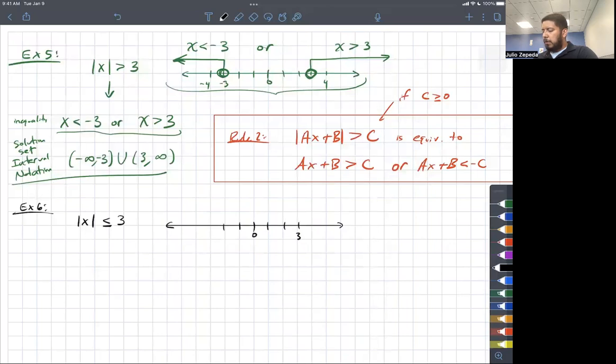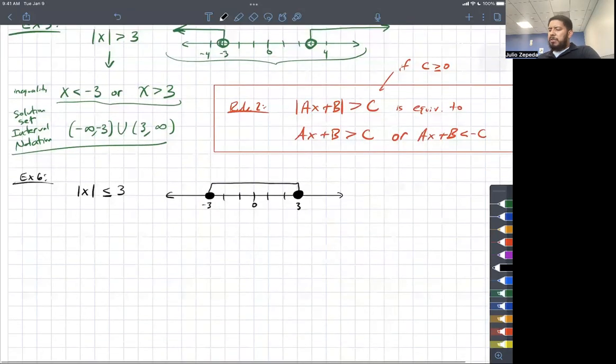So here we're asking for all numbers within 3 units of 0, closer than 3 units or exactly 3 units away from 0. And so that would be all numbers between -3 and +3. And then I color in these circles here because now we're including not only between -3 and +3, but also those endpoints, -3 and +3.